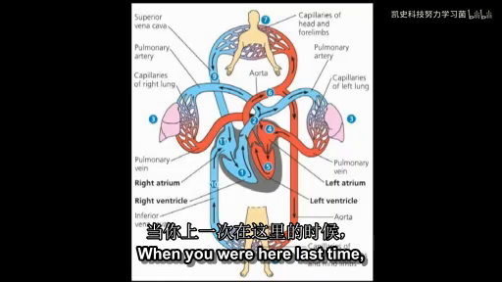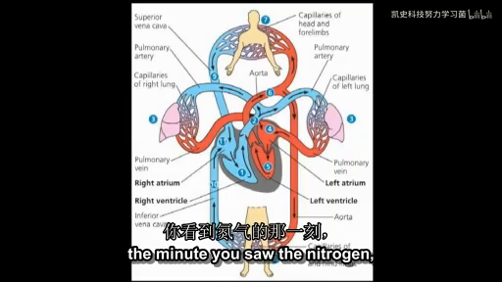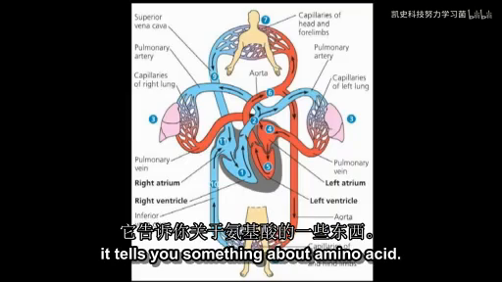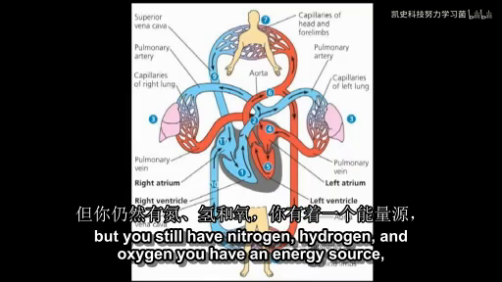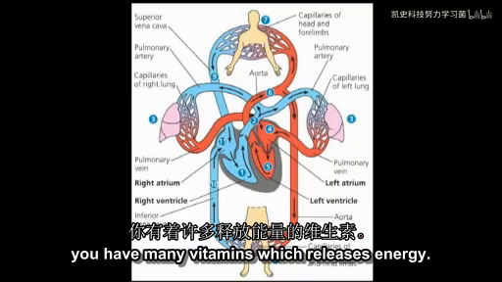When you were here last time, the minute I showed you the ATP and ADP on the table, and the minute you saw the nitrogen, it tells you the amino acid and the energy system. If you have a combination without a carbon in it but you still have a nitrogen, hydrogen and oxygen, you have an energy source, mainly what you call vitamins, which releases energy.